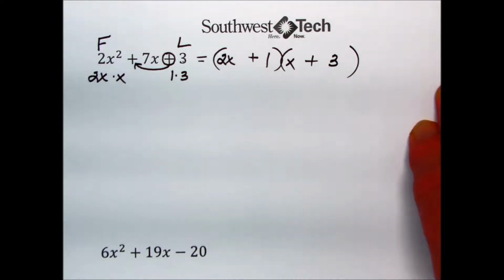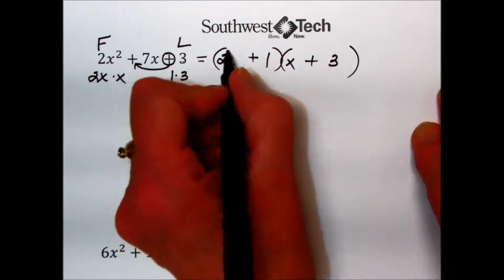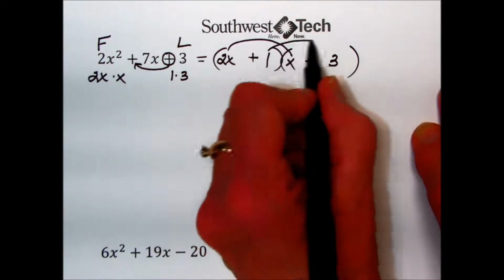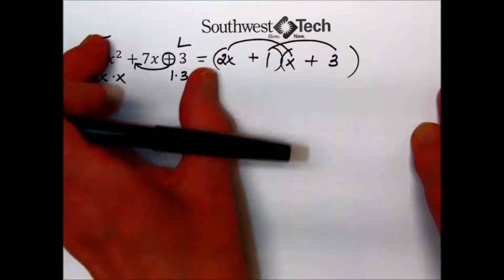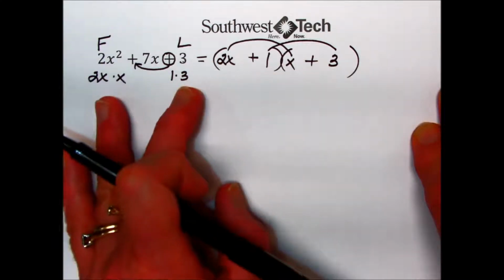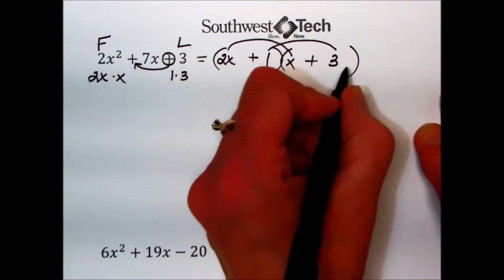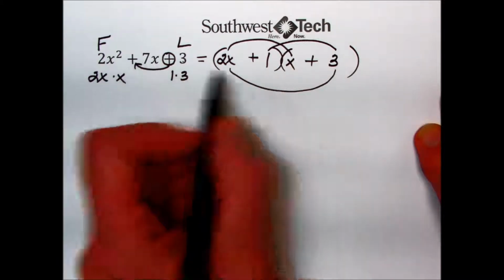We need to check and see if this arrangement generates the middle term. I'm pretty guaranteed that the first term will give us a 2x squared and the last term will give us a positive 3, so we're good there.